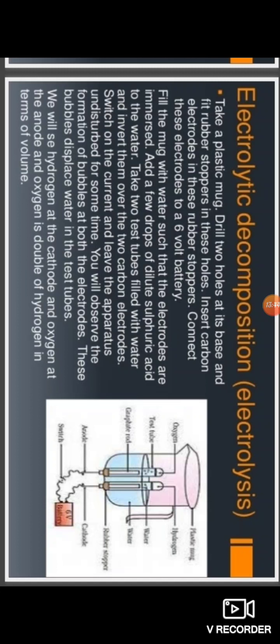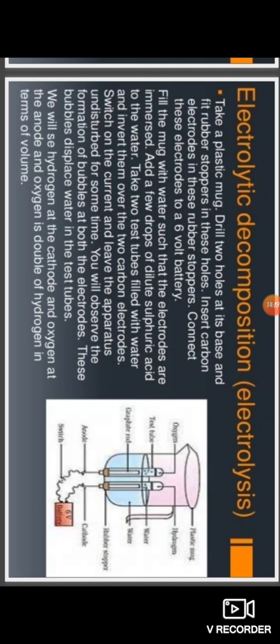Connect these electrodes to a 6-volt battery and fill the mug with water such that the electrodes are immersed. Add a few drops of dilute sulfuric acid to the water. Then take 2 test tubes filled with water and invert them over the 2 carbon electrodes. Switch on the current and leave the apparatus undisturbed for some time.